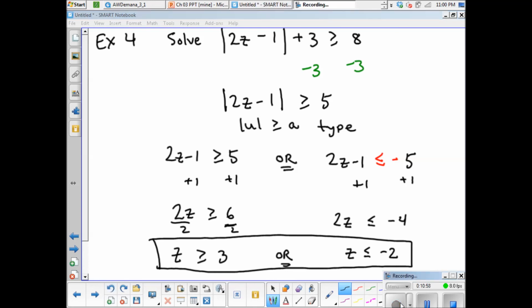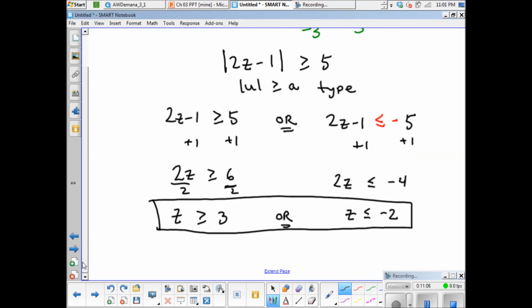Okay, so I just want to do one last little thing, and that's go back and put our answers in set notation. Okay, so I would like to go ahead and put this as the way the book does it. They declare the variable and put a colon.